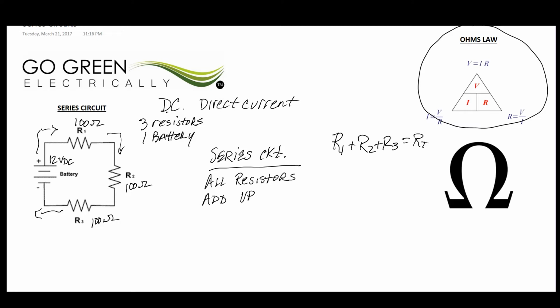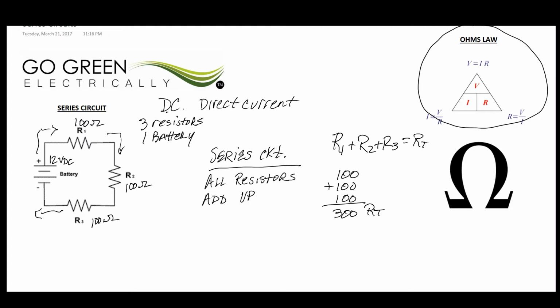We'll cover that later, but in a series circuit the resistors add up. Therefore, we have 100 ohms plus 100 ohms plus 100 ohms, which equals 300 ohms, which is our resistance total.